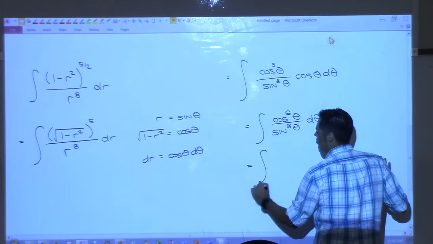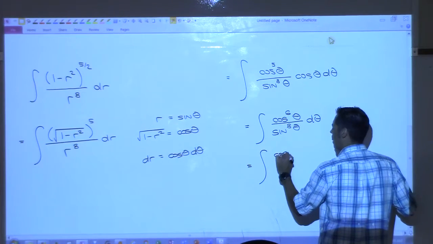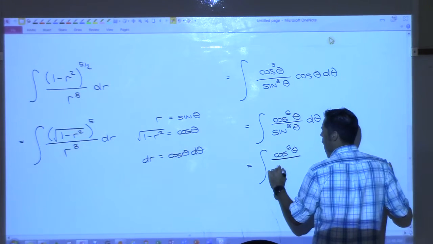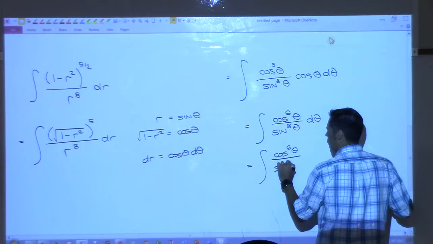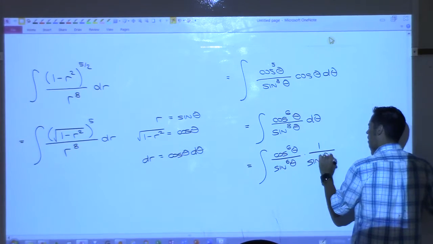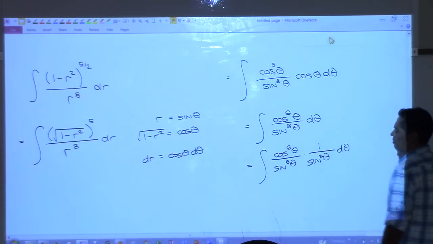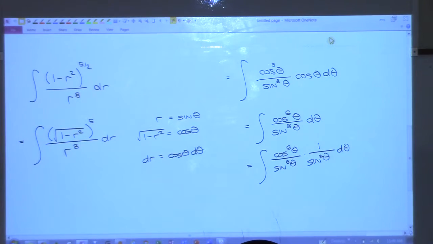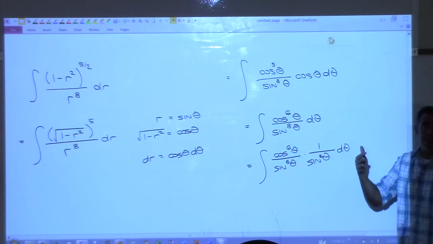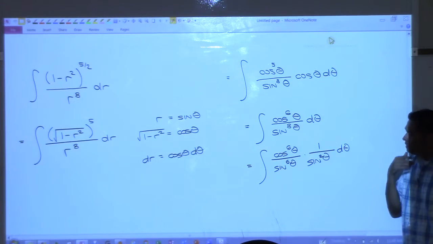This is the integral, let's see, of cosine to the 6th theta over sine to the 6th theta times 1 over sine squared theta d theta. I'm just thinking through this. Like I said, I haven't worked this, so I'm thinking cosine over sine is, well, cosine squared over sine squared.